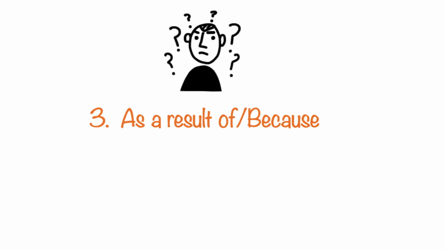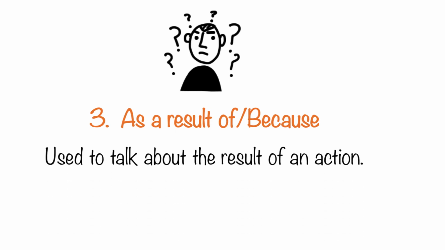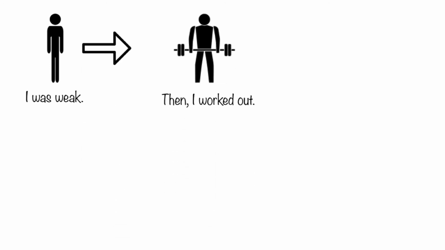Okay, so our next complex structure is one that uses as a result of or because. And as you may know, these words are used to talk about the result of an action. Let's take a look at an example. First of all, I was weak.